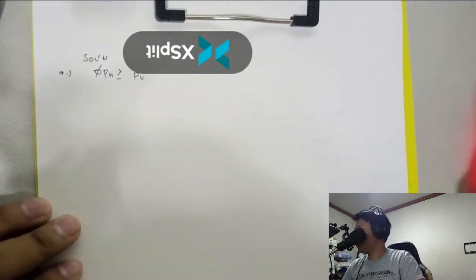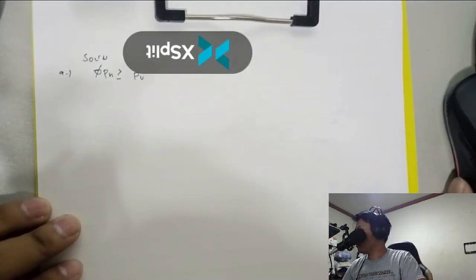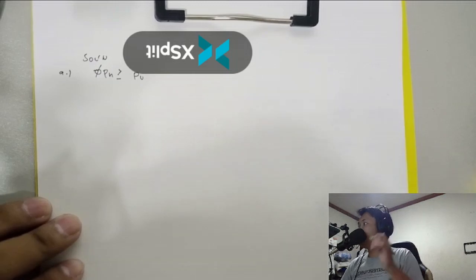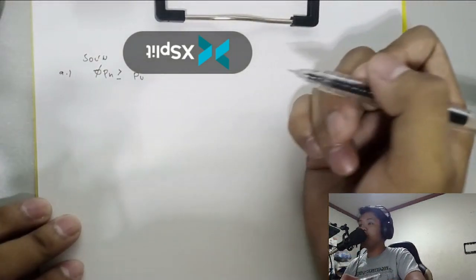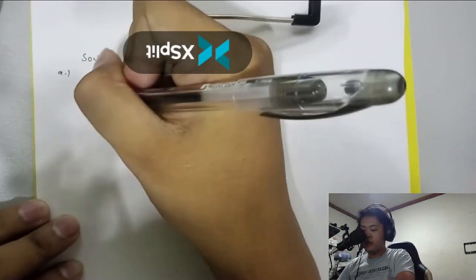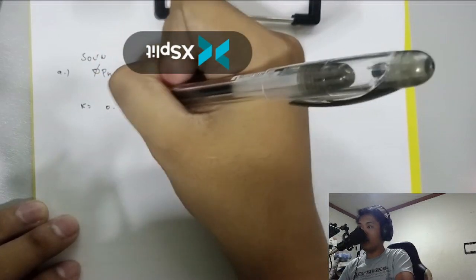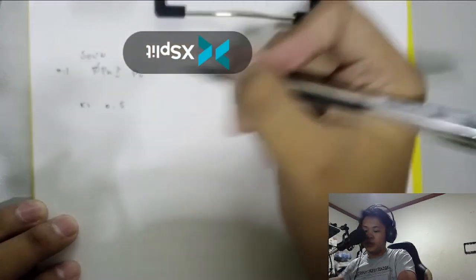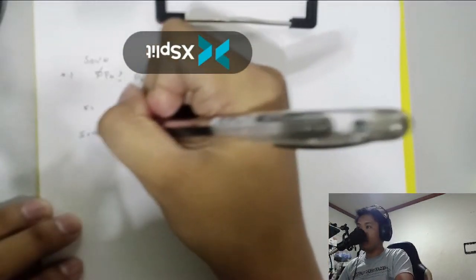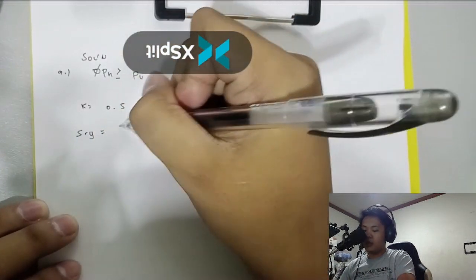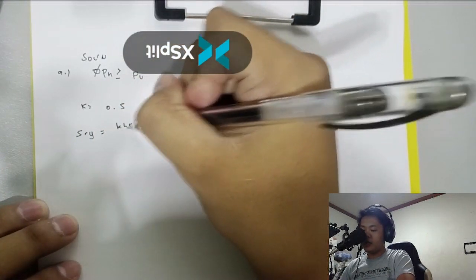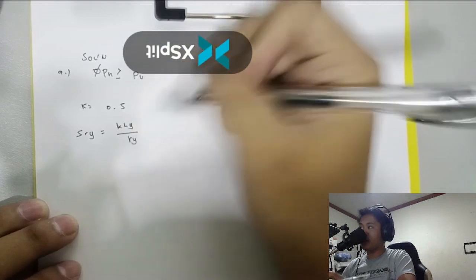So for the end, if both ends are fixed, we have K is equal to 0.5. So yung ating slenderness ratio, we have the formula of KL over RY.